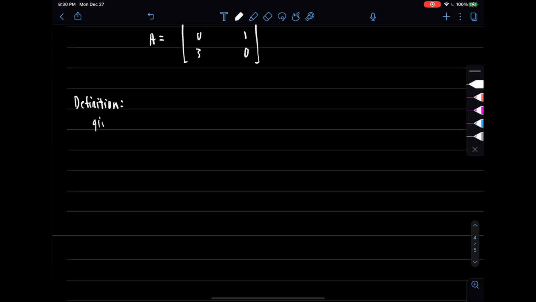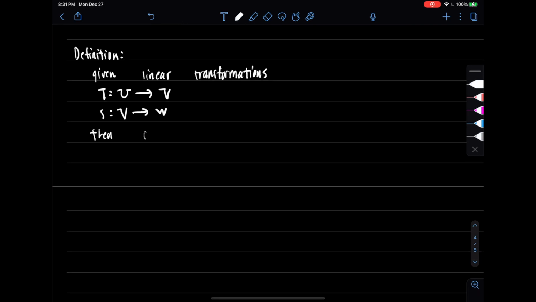So let's start with the definition. If T and S, where T ranges from U to V, and S goes from V to W, are linear transformations, then the composition of S with T is (S∘T)(u) equals S(T(u)).